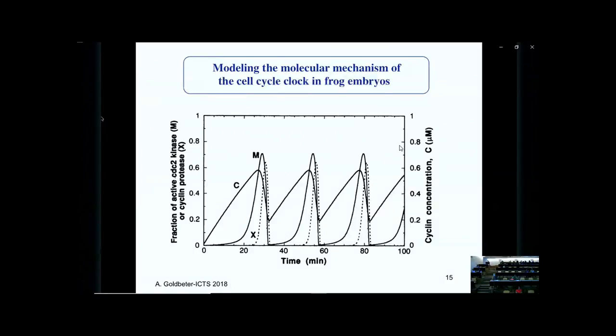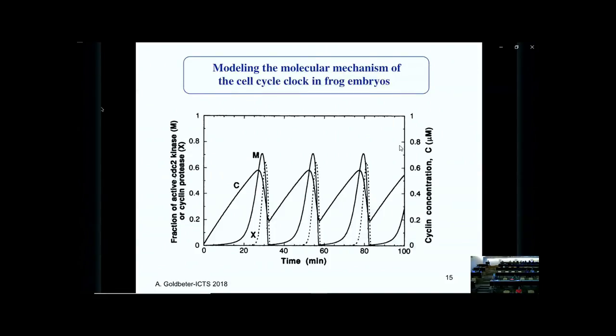But by discussing the mechanism of the cascade, this is called the cascade of phosphorylation, dephosphorylation, one can predict the conditions in which this will operate periodically, and this is exactly what was verified by integrating the differential equations. You see here that cyclin is increasing linearly at a constant rate.